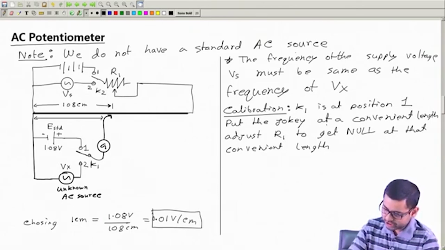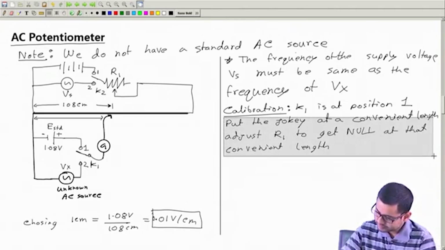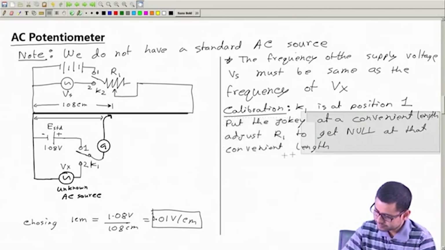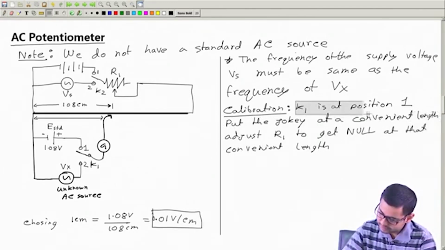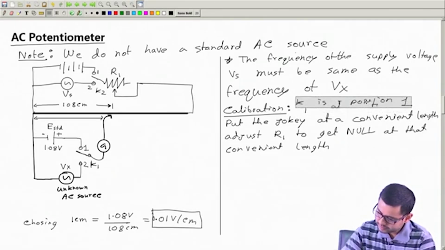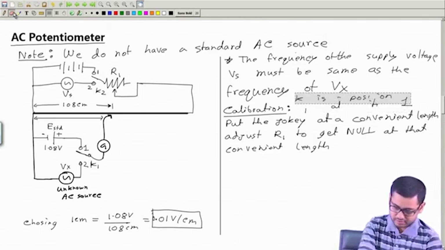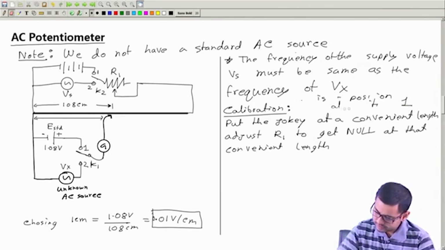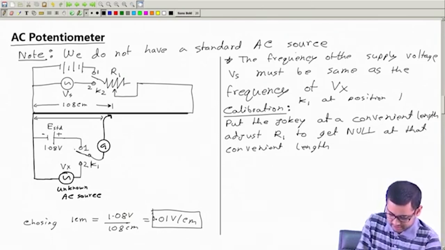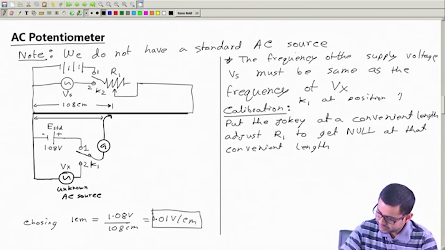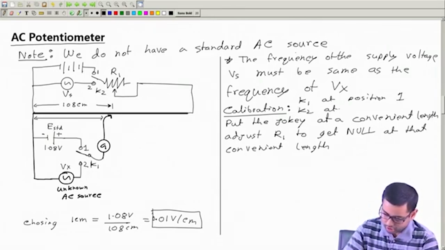During calibration we should have K1 at position 1, so the galvanometer is connected to the standard cell, and K2 also at position 1.